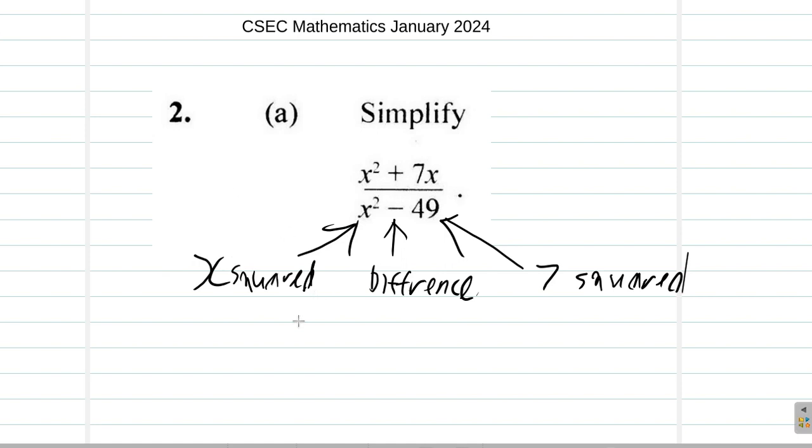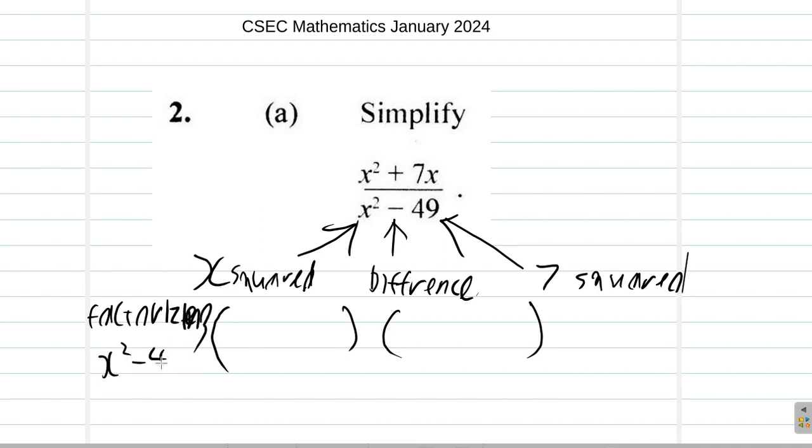Now you can use the normal AC method with factorization and factorize it, but you have a shortcut method you can use. Remember the shortcut method when you factorize the difference of two squares, right? I'm going to write here: factorizing x squared minus 49. When you write your steps, you must write them clearly.